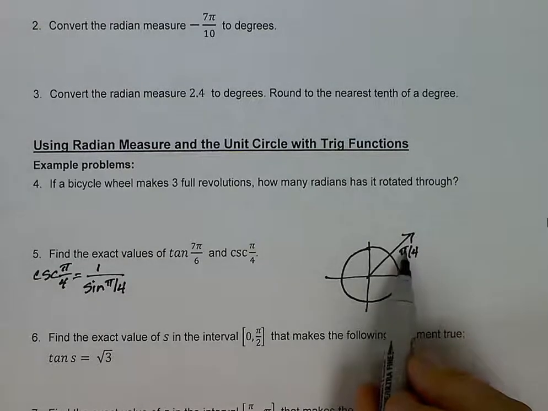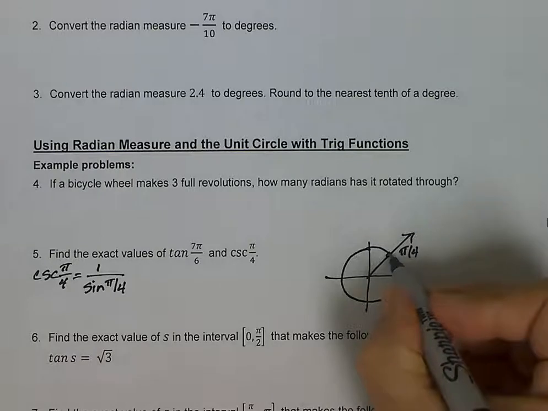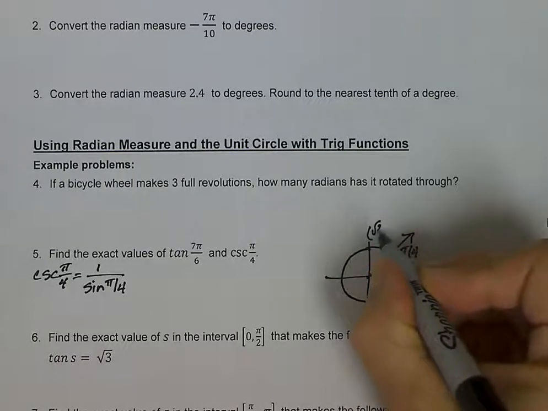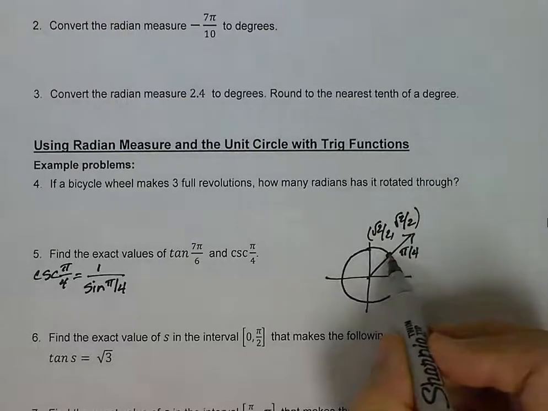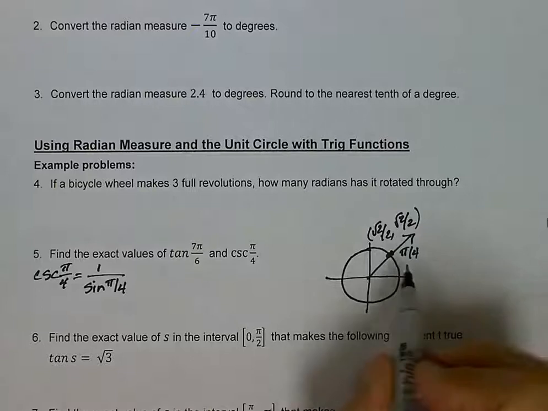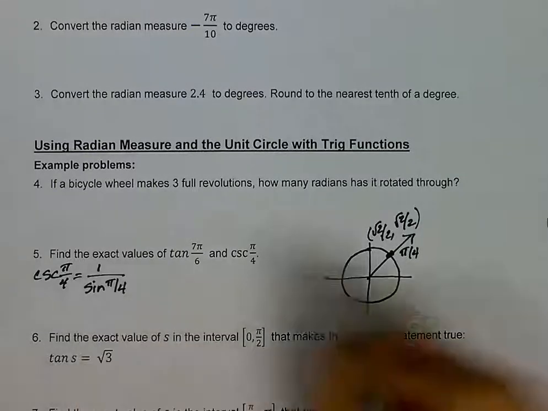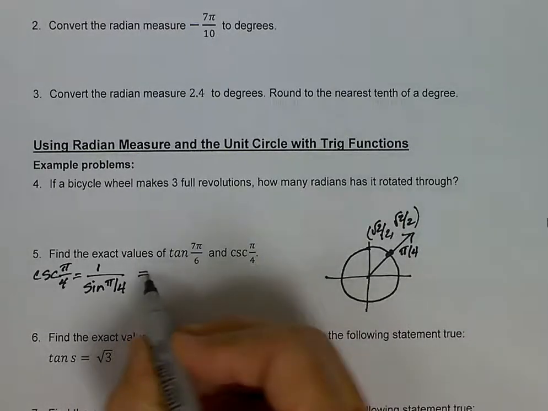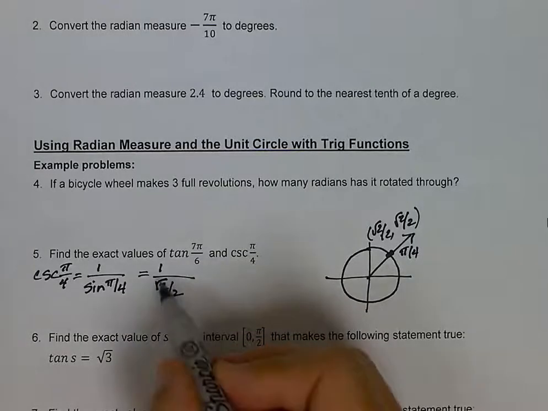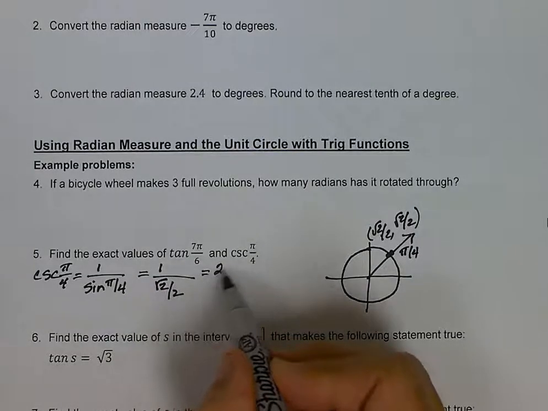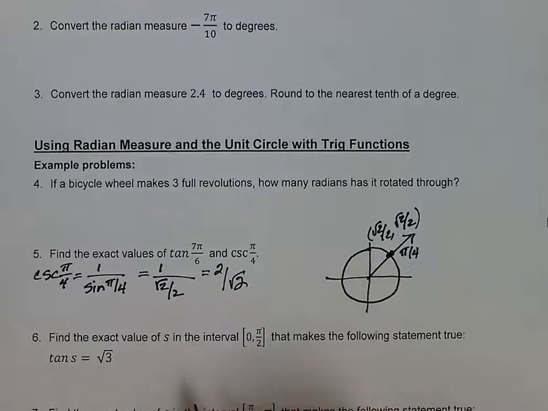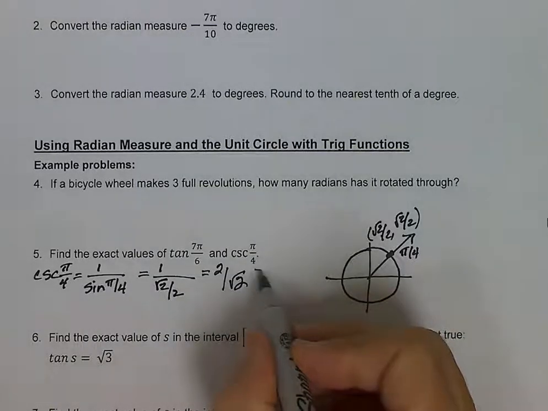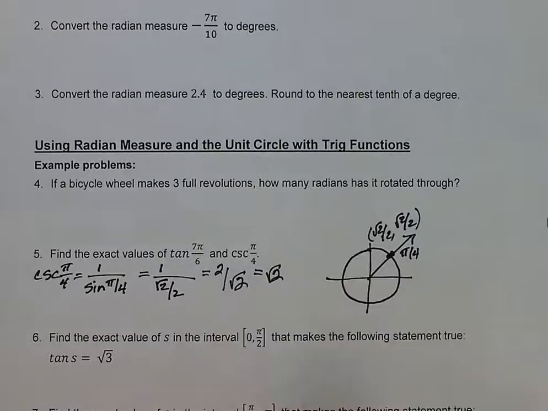For pi over 4, both the sine and cosine are the square root of 2 over 2. If I'm looking at my unit circle, that's the x and y coordinates of this point. The only one we need for this is the sine, so that's the square root of 2 over 2, and that means we can flip it over to get the cosecant. That would give us 2 over the square root of 2, or if we rationalize the denominator, that just gives us the square root of 2.